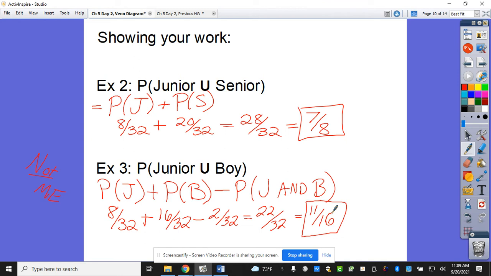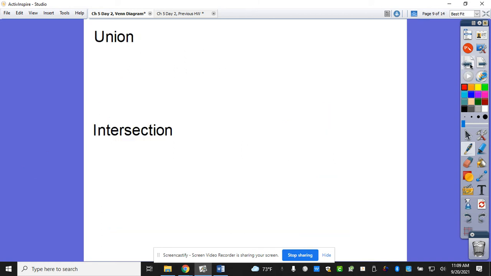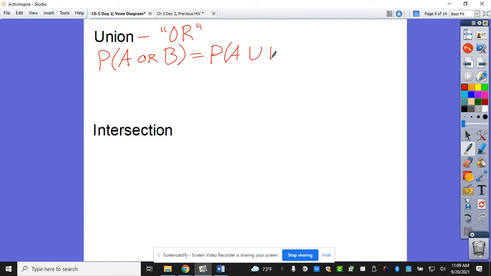Alright, so for now, the only thing I want to write about these is union means or. So probability of A or B is the same thing as writing probability of A union B. So what do you think intersection is going to mean? And.